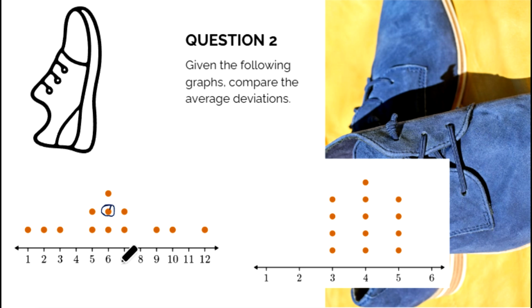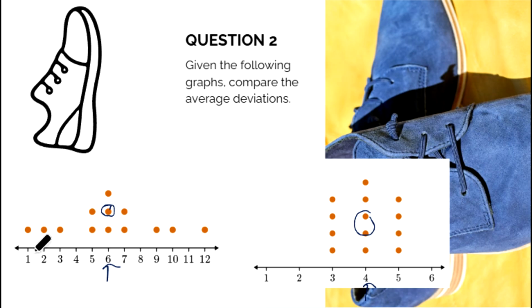So there's our center, which means that's going to be our mean for this one. 1, 2, 3, 4, 5, 6, 7, 8, 9, 10, 11, 12. 1, 2, 3, 4, 5, 6. Both of these you could find the center just by looking at it because they're symmetrical, but I did it the complicated way for your sake. So there's our means for each of these.